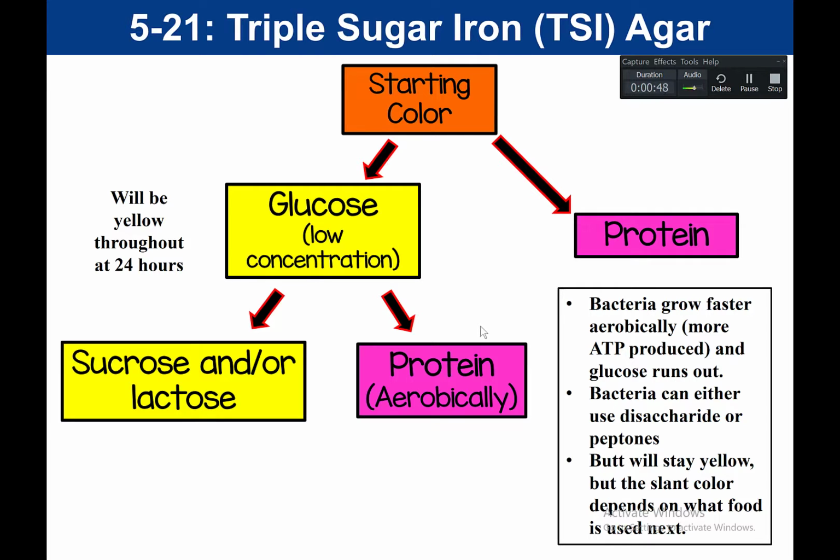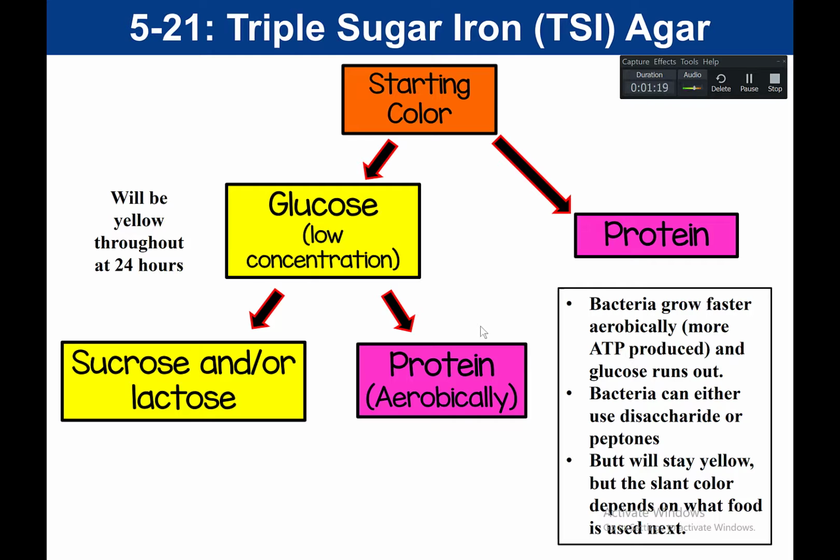If at 48 hours the tube is yellow throughout, that means that they use glucose and at least one disaccharide, which is why they keep producing acids and the entire tube is yellow. So after the glucose runs out, we have two food choices. A disaccharide, so sucrose and or lactose, or proteins, which they will use aerobically on the slant because that's where the bacteria grow faster and that is where the glucose will run out faster.